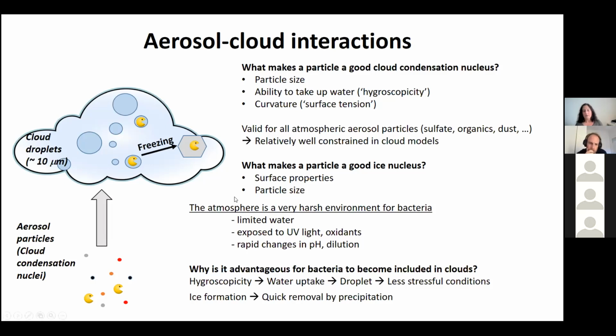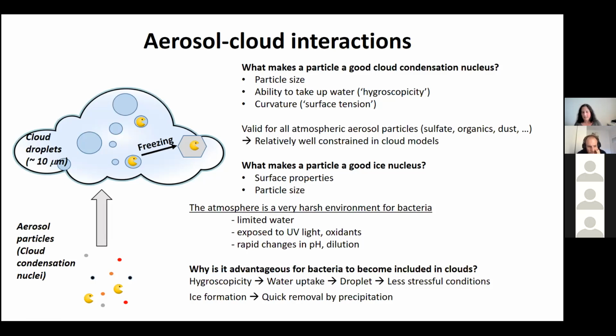And so now the question: why do bacteria form ice? Well, there is a theory out there that they want to precipitate. The atmosphere is a very harsh environment: limited water, they're exposed to all kinds of oxidants and to UV light. The particles shrink and grow, and so there are very rapid changes in pH and dilution.